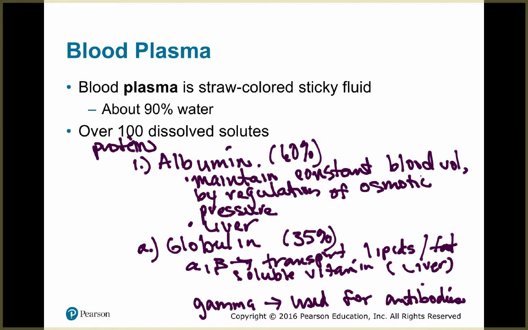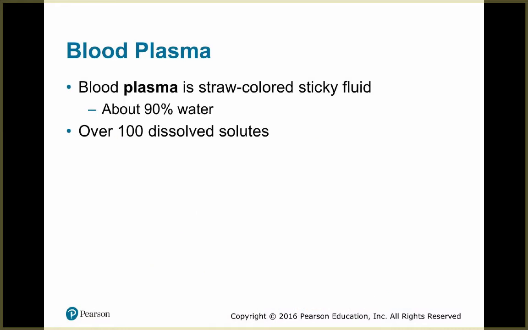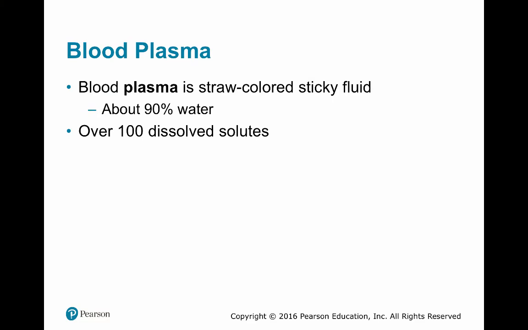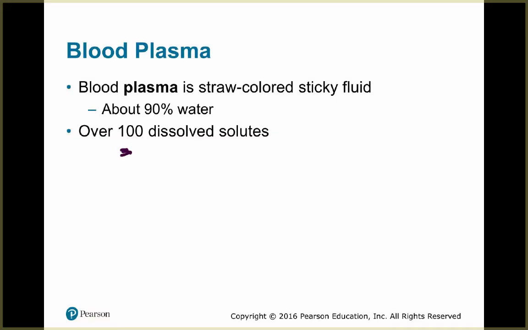Now, I said there are 3 major proteins. The last protein we're going to talk about is the one that's the largest out of all these, but smallest in number, which is fibrinogen. Really important, and you'll realize once you're doing the case study how important it is.